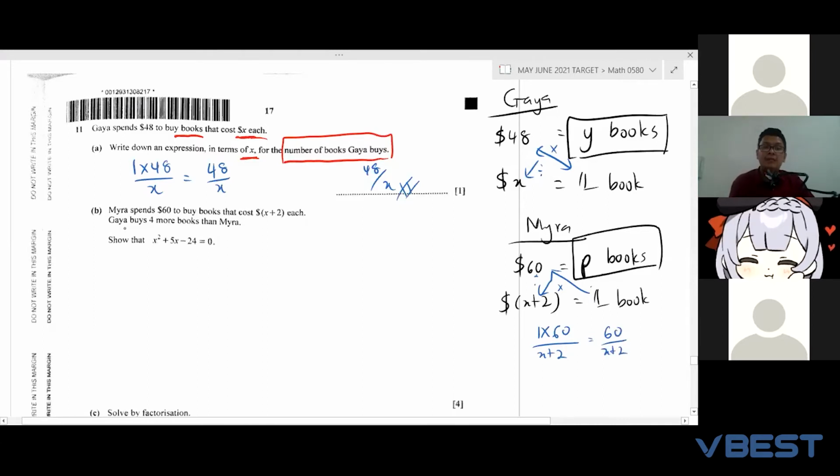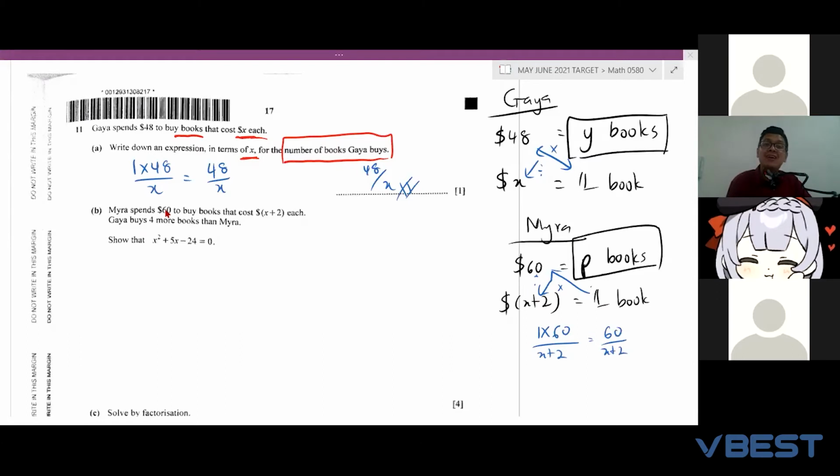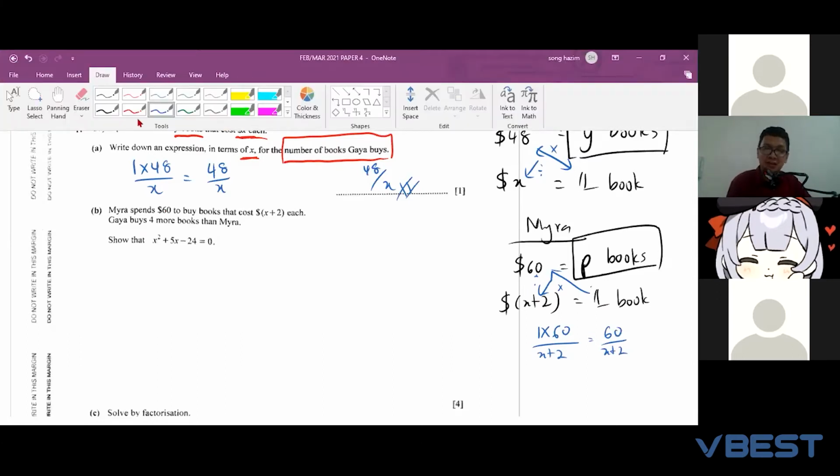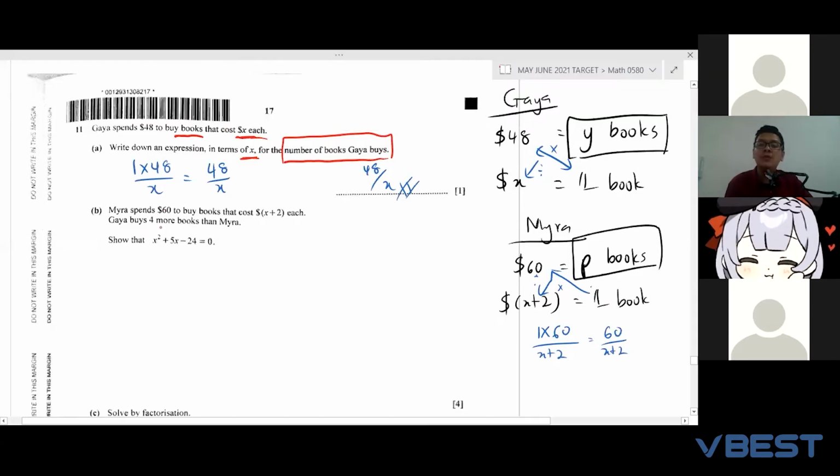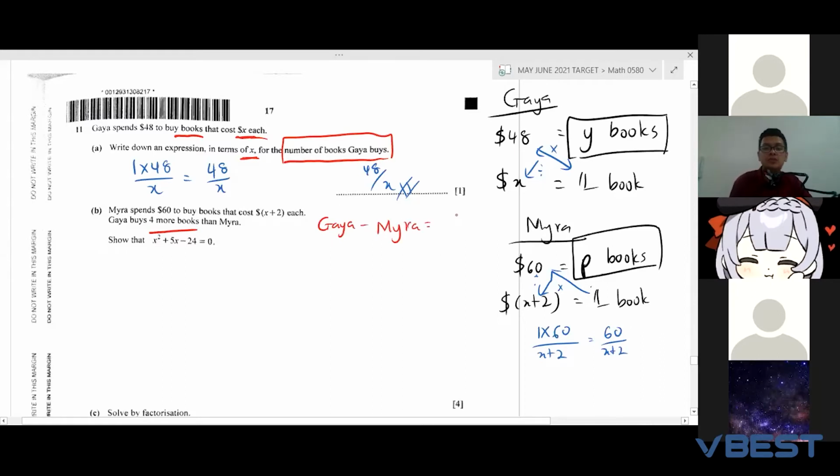But they say Gaia buys 4 more books than Myra, so it compares between Gaia and Myra. Oh my God, so hard to pronounce. Gaia, Myra. Gaia buys 4 more books than Myra. What does it mean? Always understand that when they say 4 more books, Gaia minus Myra is equal to 4 books.